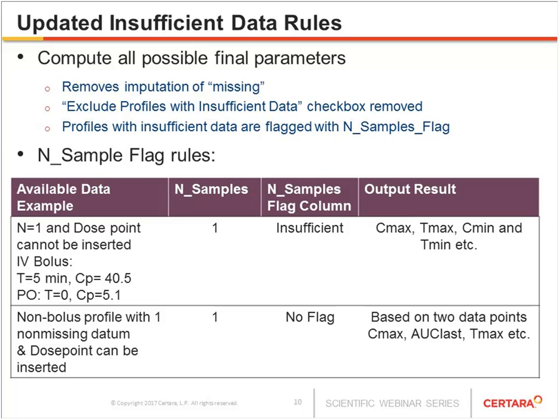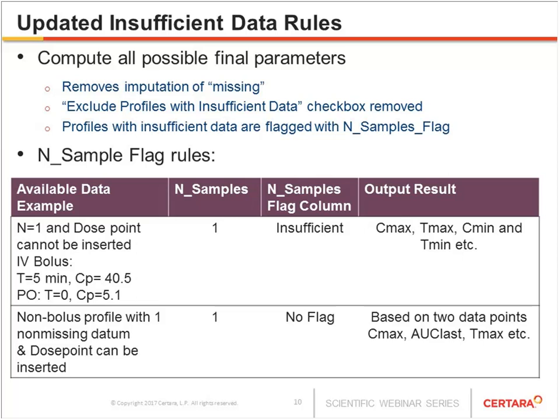Briefly, if you only have one observable concentration, and you can't insert a dose point, then there's insufficient data. However, you can still calculate a Cmax, a Tmax, a Cmin, and a Tmin because you have an observed concentration. Another example is maybe you have a non-bolus profile with one observed concentration, so it's an extravascular dose.